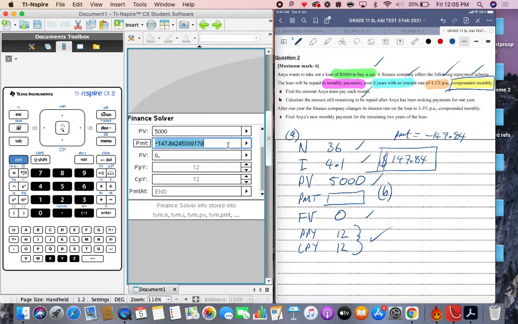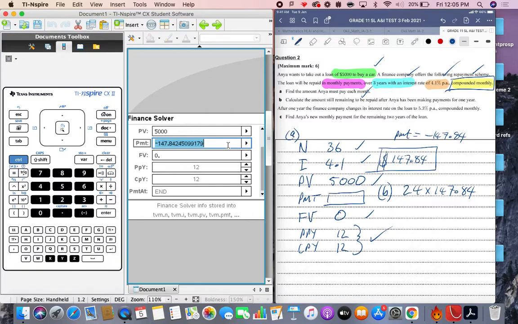Part B, calculate the amount still remaining to be repaid after Anya has been making payments for 1 year. So let me talk you through this. If I've been making payments for 1 year, how many years left of repayments? 2 years. So how many repayments in total then for 2 years? 24. And how much am I paying each month? 24 times 147.84.